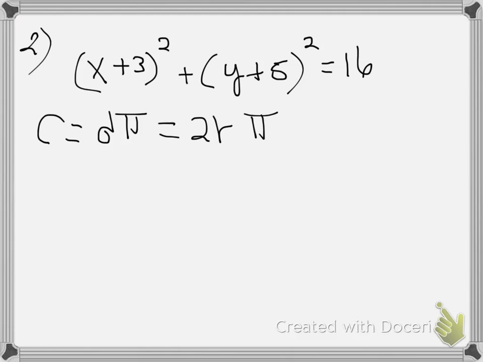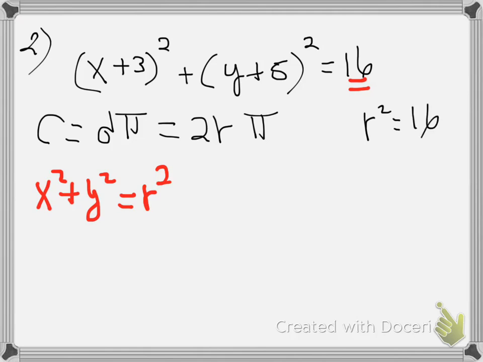This is a circle. Remember, circles have equations of the form x squared plus y squared equals the radius squared. So if they tell you something is a circle, and there's a constant on one side of the equal sign, that's the radius squared. So r squared equals 16.